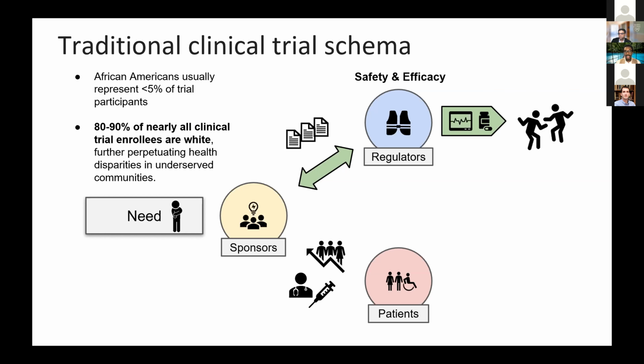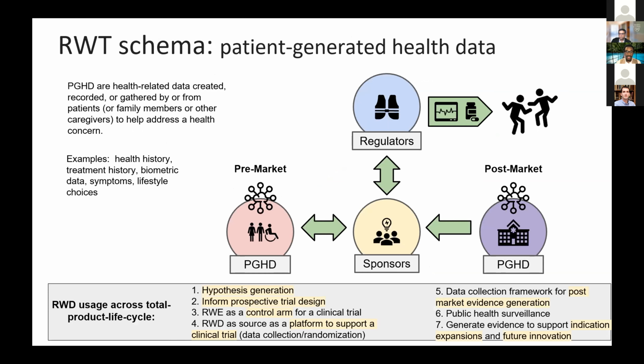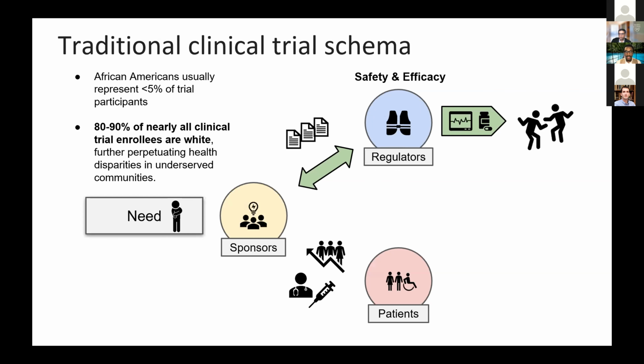Typically, that interaction from patients to sponsors is somewhat unidirectional, and then sponsors and regulators typically have this back and forth. But there are exceptions in the case where patients can directly interact with regulators. Importantly, notably, African Americans and other underrepresented groups are not typically part of trial enrollees, and 80 to 90% are usually white Americans.